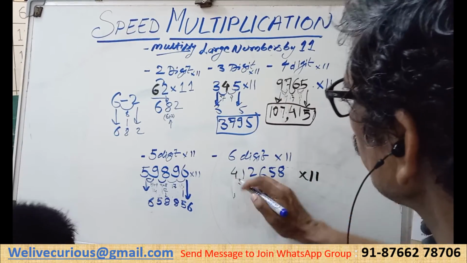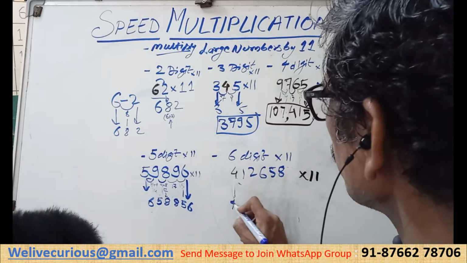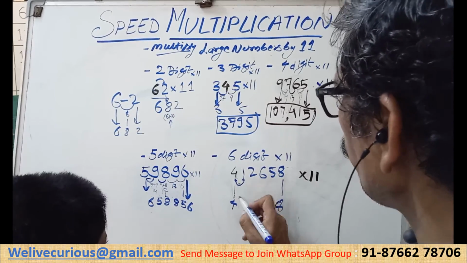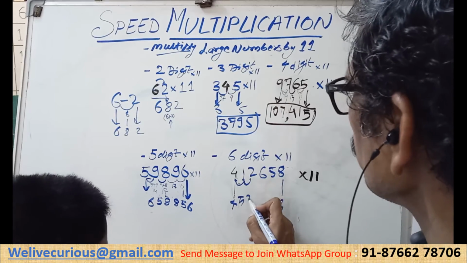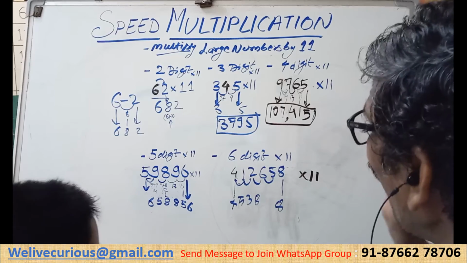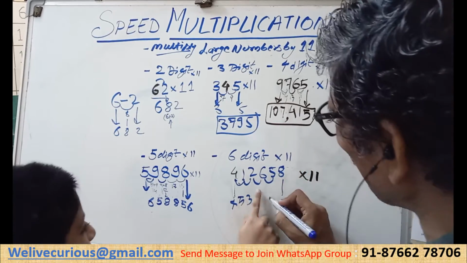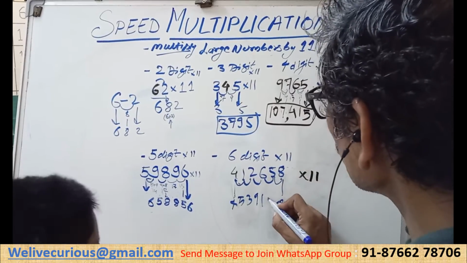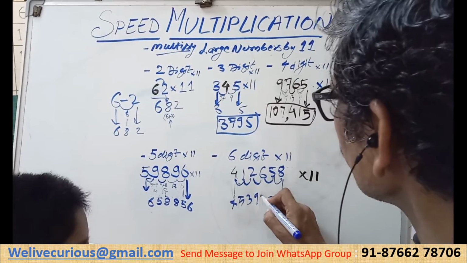So we drop 4 here, we drop 8 here. We just add 4 and 1, 5, 1 and 2, 3, 2 and 6, 8, 6 and 5, 11. We made a write mistake. 9 here. Okay, then 5 and 8, 13. So we write 3 here and 2.